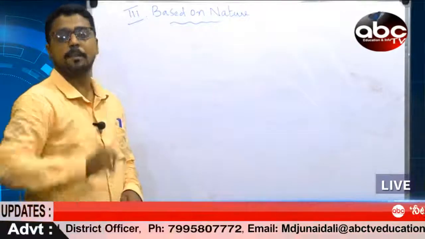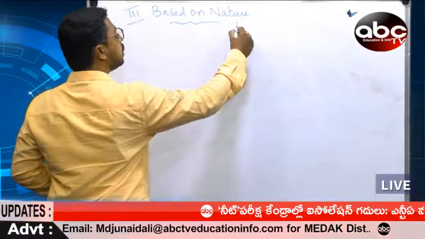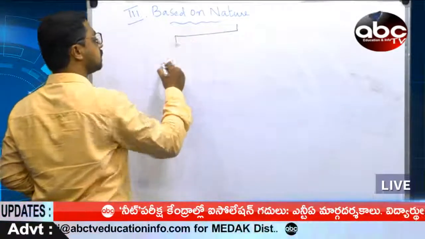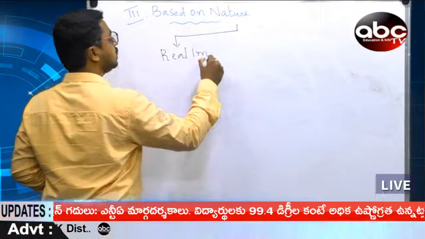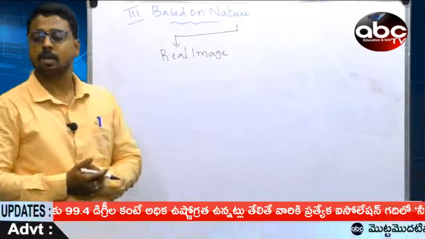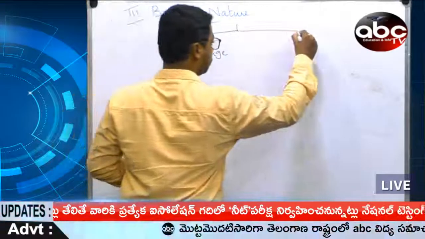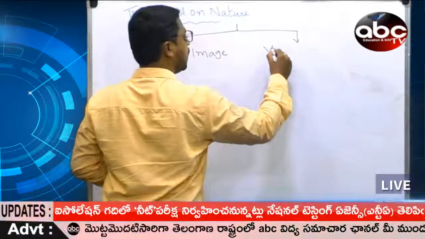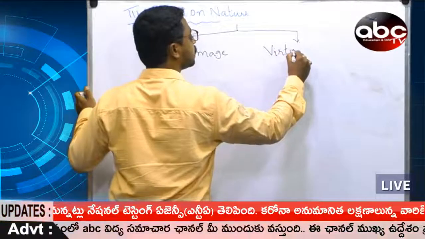How are they typical? Let us learn about it. We have two types of images. The first image is called a real image, whereas the second image is called a virtual image.